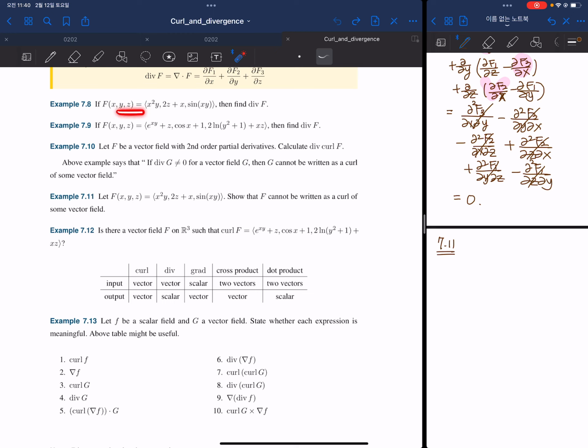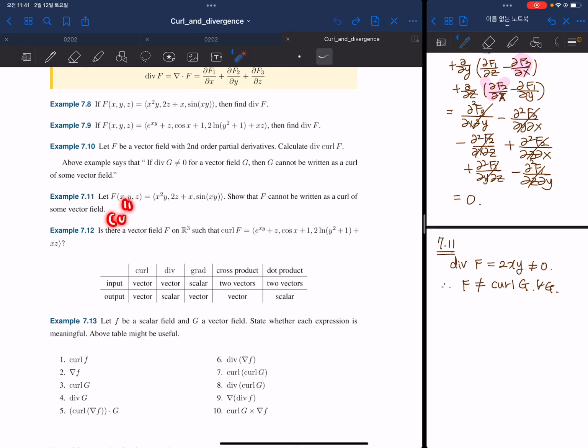Actually, in example 7.8, we found that the divergence of the given f was 2xy, right? And it was not 0. The divergence of f was 2xy and it is not 0, so we can say f cannot be written as the curl of some vector field.